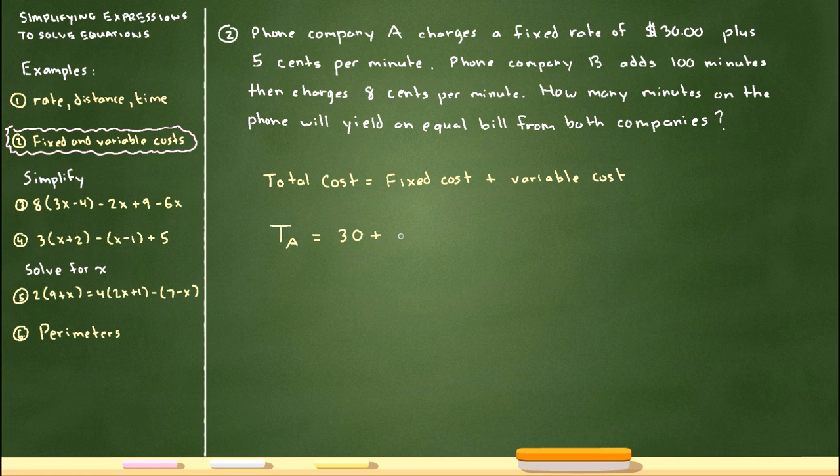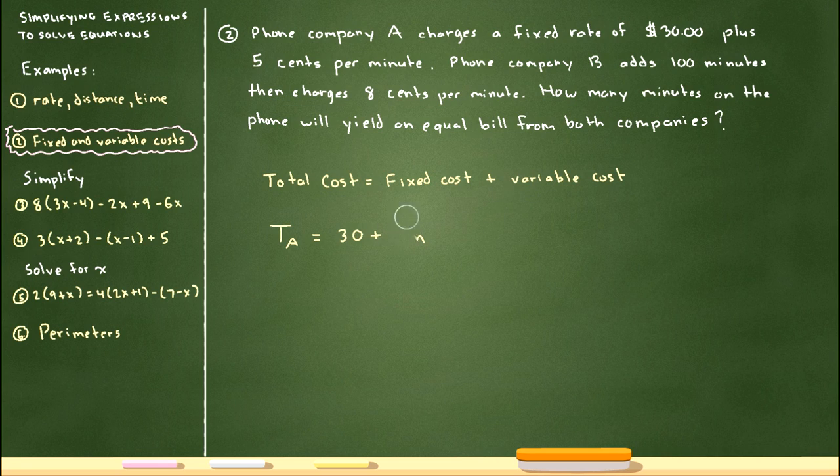So, 5 cents we need to convert into dollars. Be careful of that. We don't want to write 5 times how many minutes we're on the phone, because then, you know, if we're on the phone for 1 minute, the total cost is $35. No, that's not right.